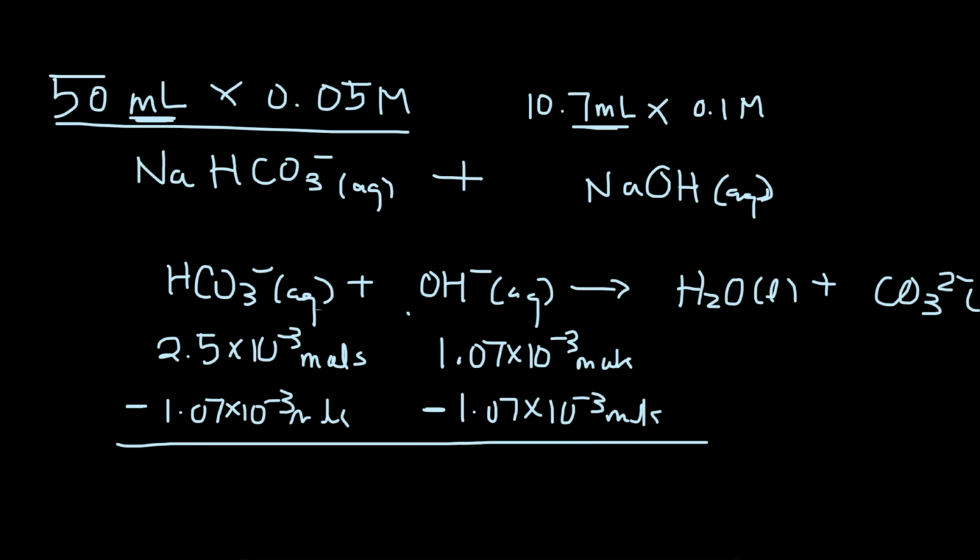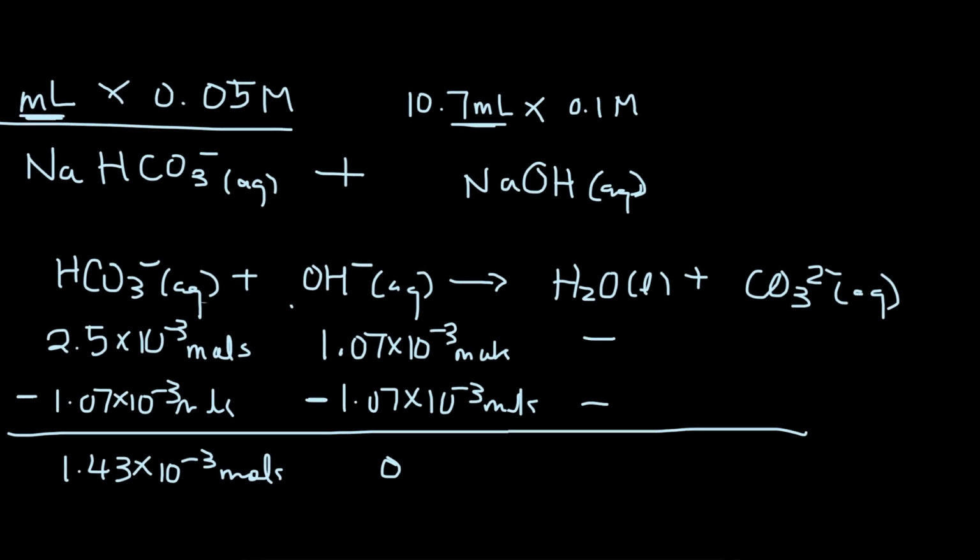So the amount remaining at equilibrium here is 0. And for here, on the left, it's going to be 1.43 times 10 to the negative 3 moles. Water is a liquid, we can leave that out. And carbonate, because this is minus this number, carbonate will gain by that number.